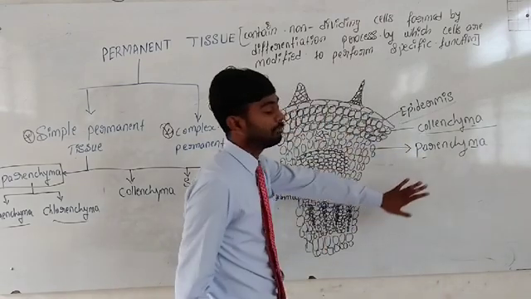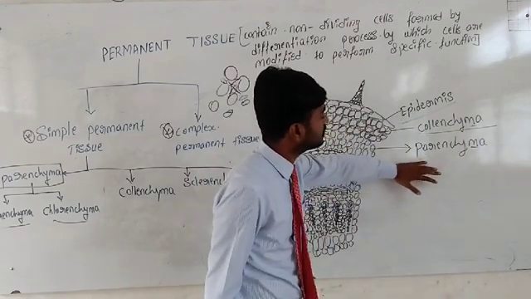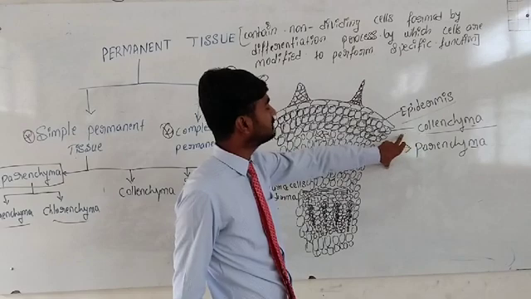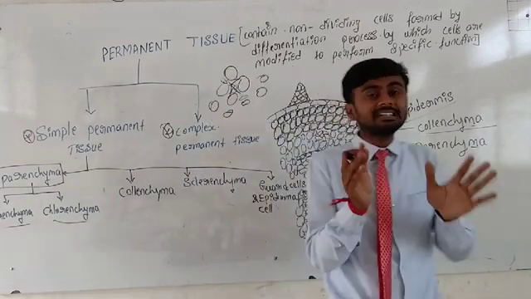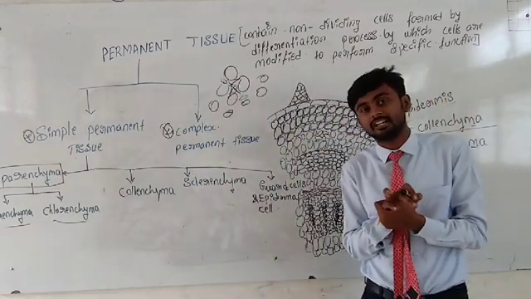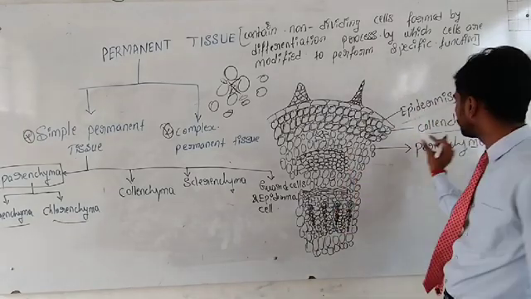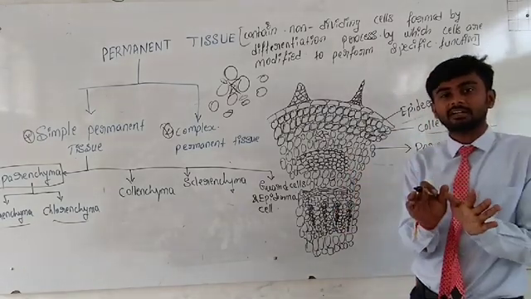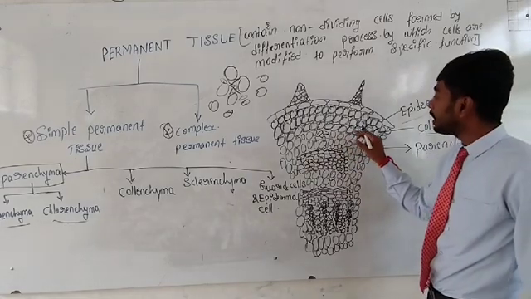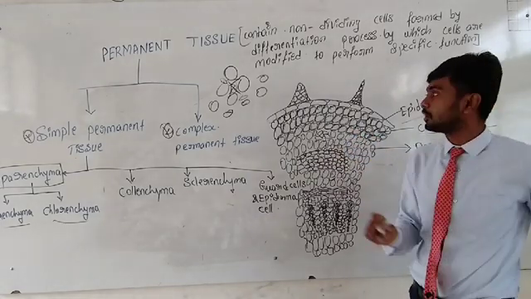Collenchymas are also arranged loosely, but in presence of a lesser number of intercellular spaces. Parenchymas are very loosely arranged, but collenchymas are arranged more compactly.